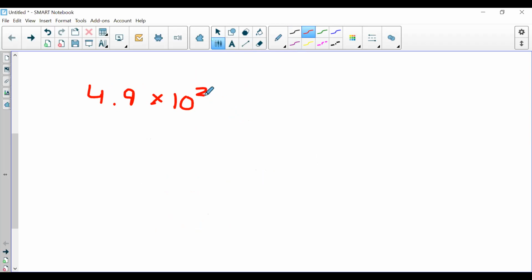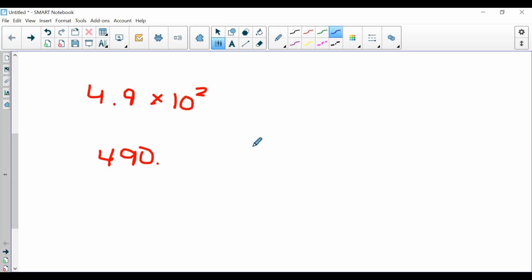It's going to be a bigger number than 10, so you're going to be moving your decimal to the right 2 times. So you're going to write 4, 9, and move that 2 times to the right. That's going to be 490. Put that decimal there, and this is your new number, 490. I find this easier than going the other way around, which is why I started with the hard stuff.